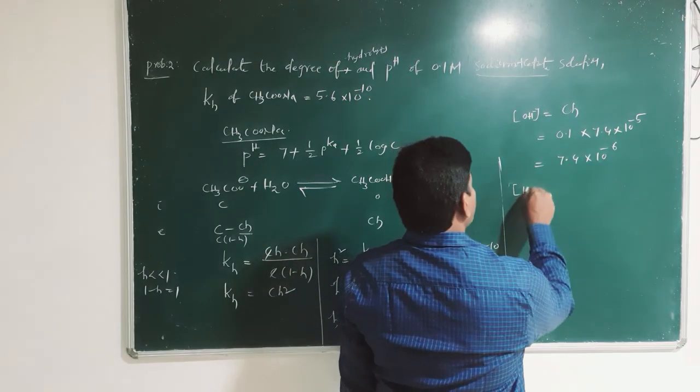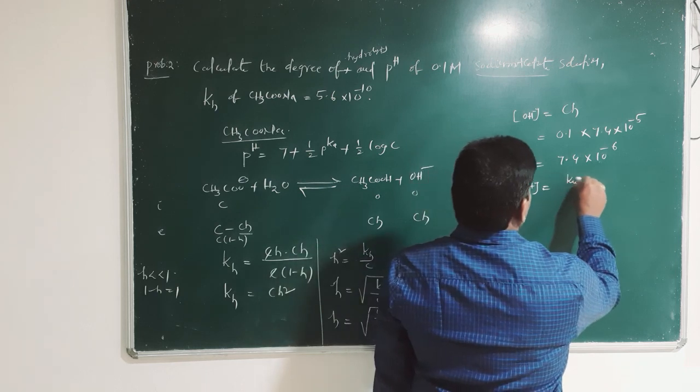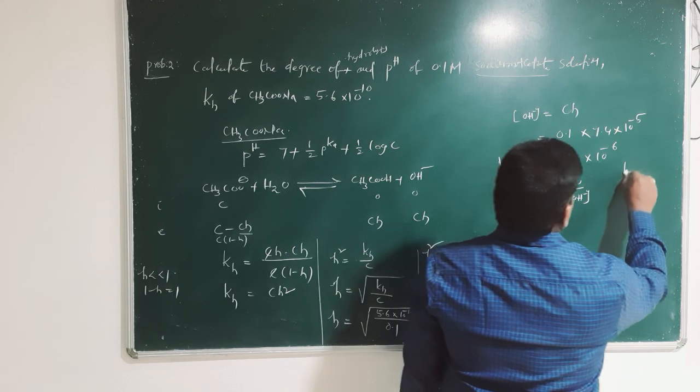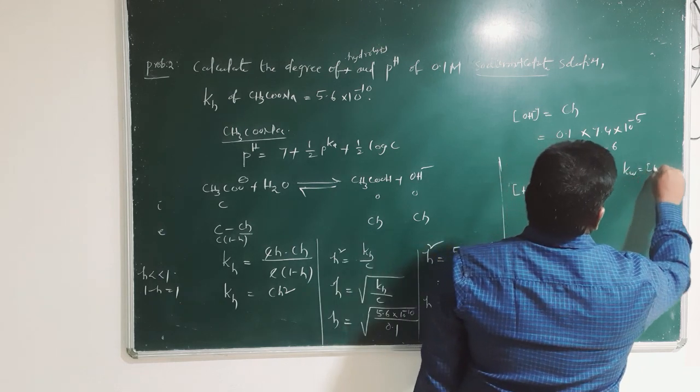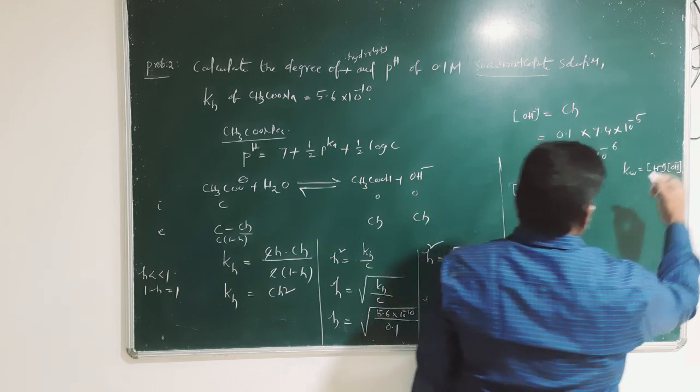So the concentration of H plus ions is equal to Kw by the concentration of OH minus ions, because Kw is equal to the concentration of H plus ions into the concentration of OH minus ions.